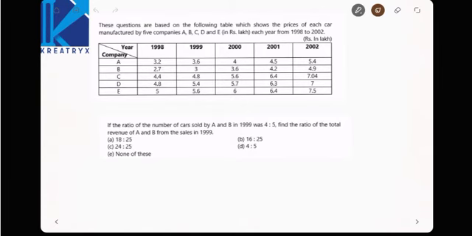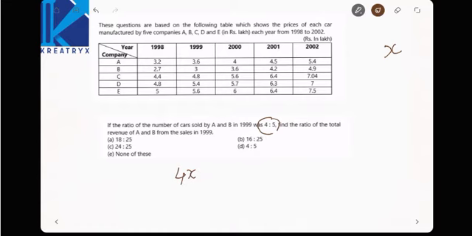Now, if the ratio of the number of cars sold by A and B in 99 was 4:5 it seems, okay, find the ratio of total revenue. So see here, ratio means that upon removing a common factor you will get a ratio. Let us consider the common factor as X. Now how many cars were sold by A? 4x.